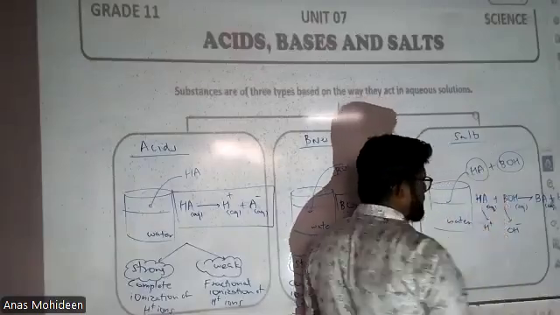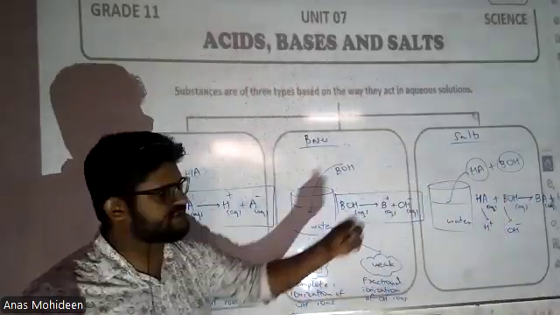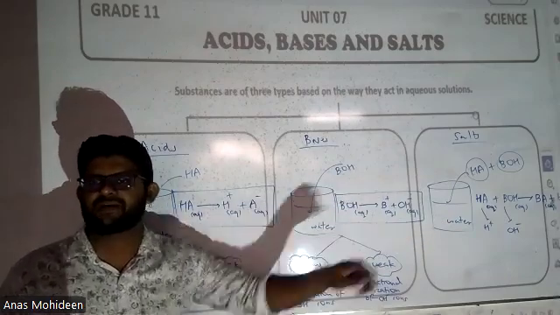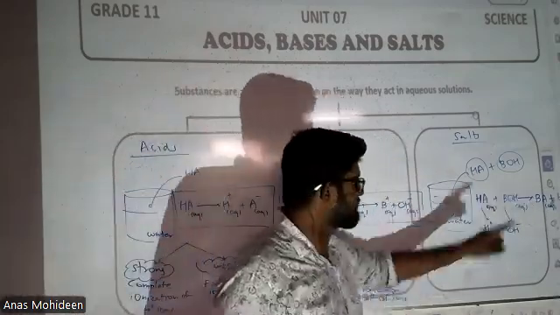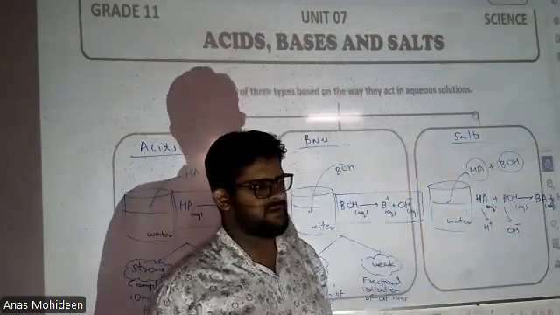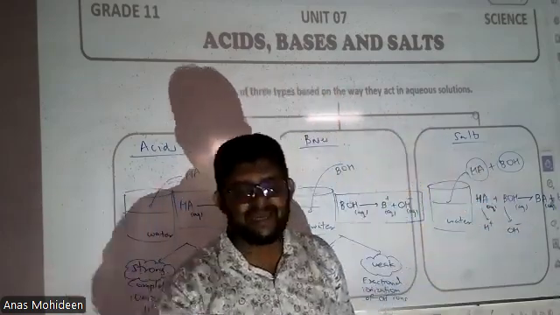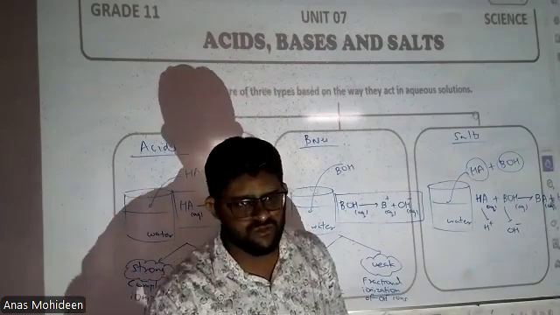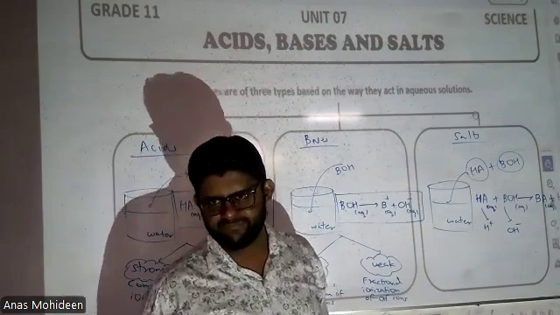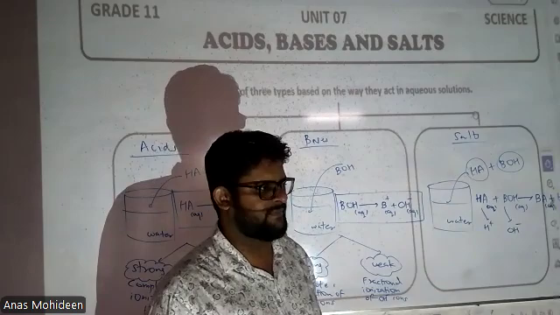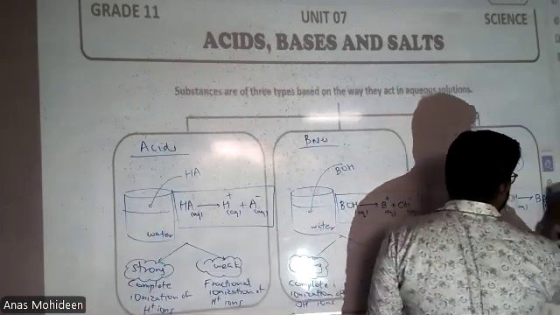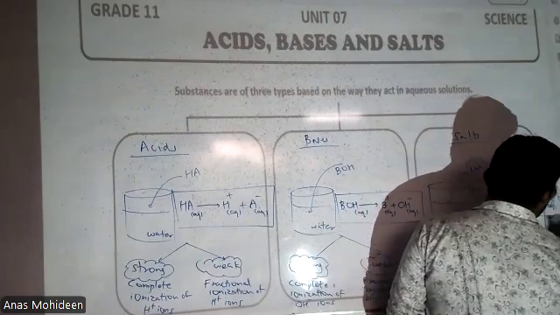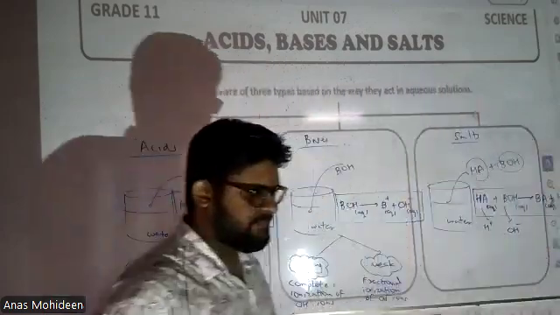HA releases H plus, BOH releases OH minus, combining forms water, and A minus and B plus form BA, and this BA is the salt. Sodium chloride is the biggest example for that, but that is not the only salt. Many more salts are there. You understand that? So accordingly, this is what we are giving as the general equation for salts.